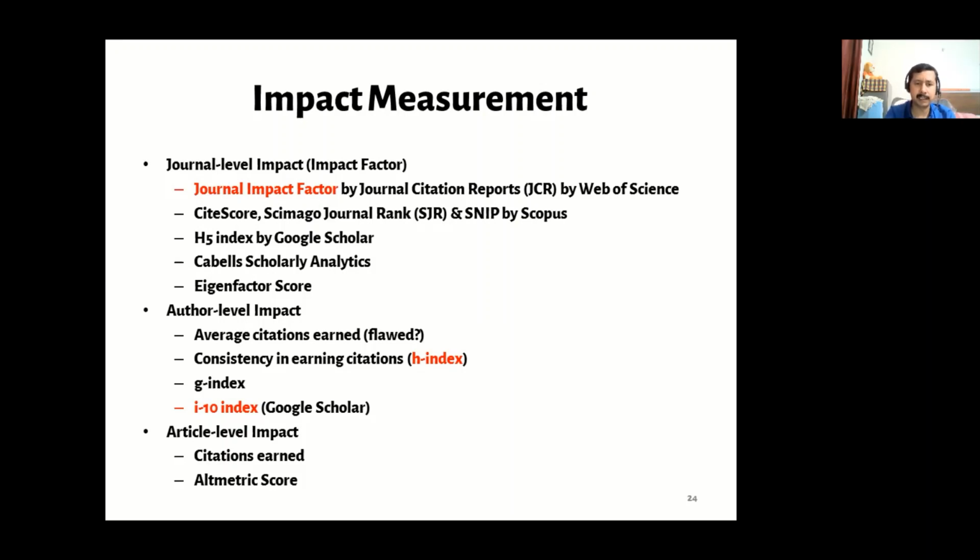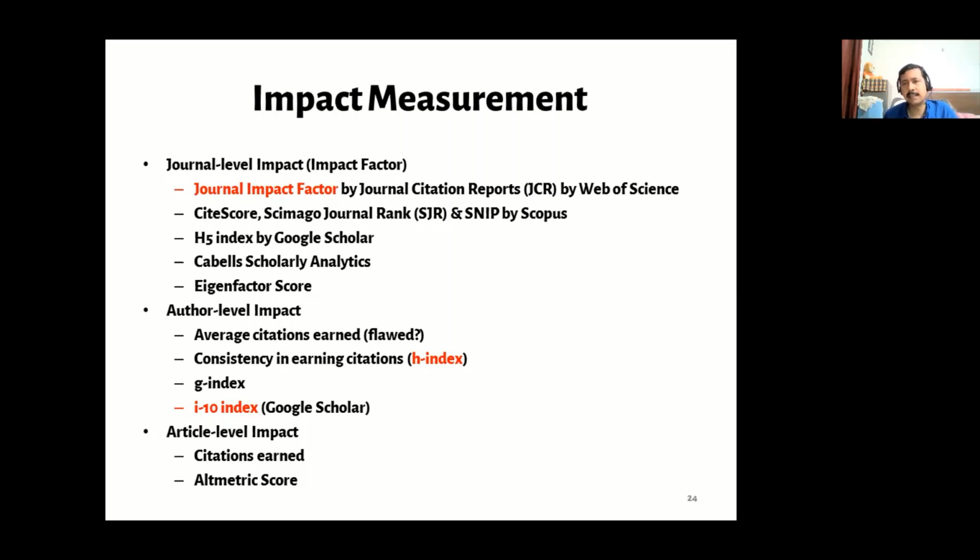Author level impact metrics are, initially the scholarly world started with taking average citations earned as the criterion to measure the performance, the impact of a particular author, and compare the impact of an author with that of others.